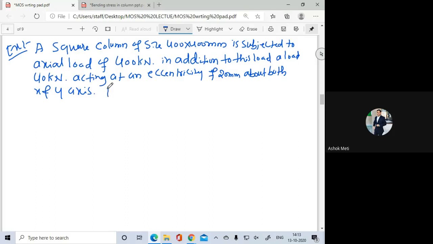Find the stresses at all the corners. Okay. So this is a given numerical. So here we need to calculate the stresses at all the corners.